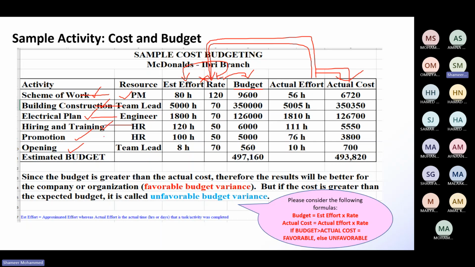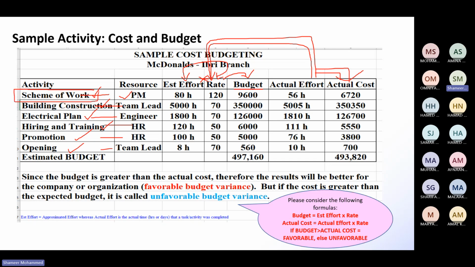This work, HR, human resource, team leader. And this is the estimated effort, that is, how many hours they are going to work for this task. To complete this task is 80 hours. Building construction, 5,000 hours. Like this, for each task you have this estimated effort.